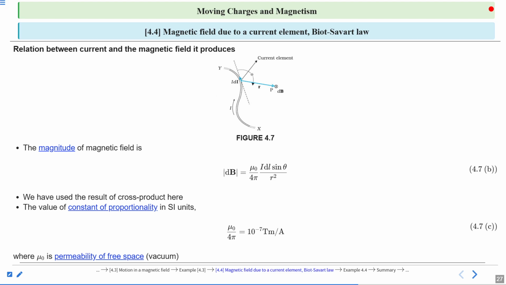Permittivity is the measure of easiness of penetration of electric field lines through any material. Replace the electric field lines with magnetic field lines. Permeability of free space or of any material is defined as the measure of how easily the material allows the magnetic field lines to pass through it.